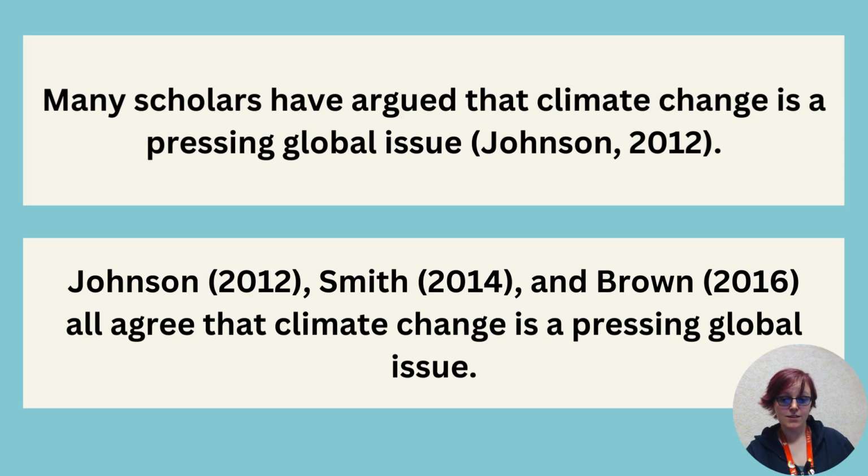I have taken advantage of such a wide research area and included 3 separate citations in the second example. This lends weight to your argument, as 3 professionals agree with the same idea across different years. Just so you know, you do not need to limit yourself to 1 citation per idea and can use multiple to back up your work, just be sure to include all of them in your reference list.